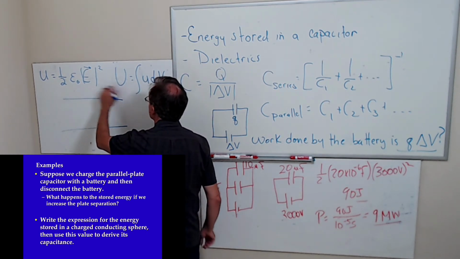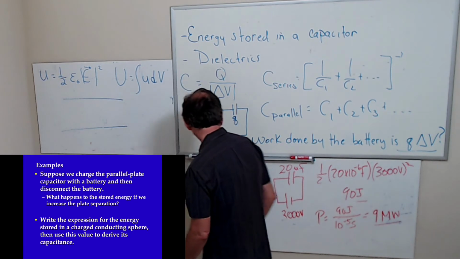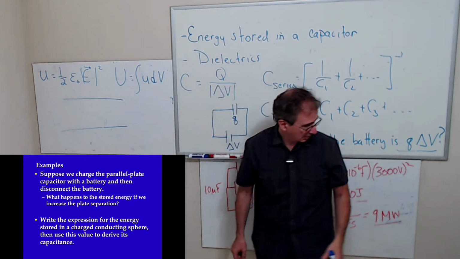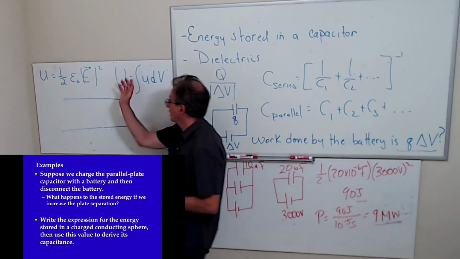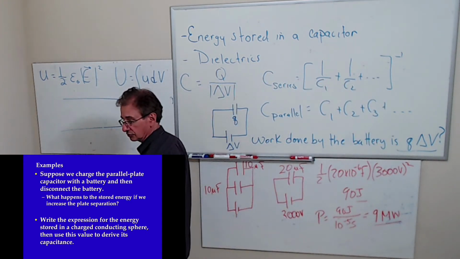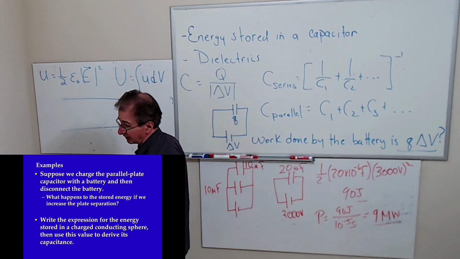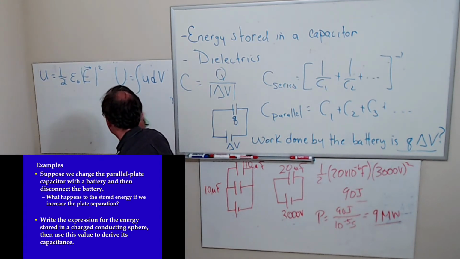But a lot of folks have an issue when they do something like a sphere. So let me do a sphere, and I'll give you an example of how to actually use the energy density to calculate the total energy stored, and then the capacitance.